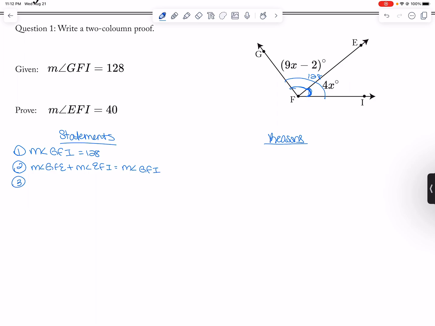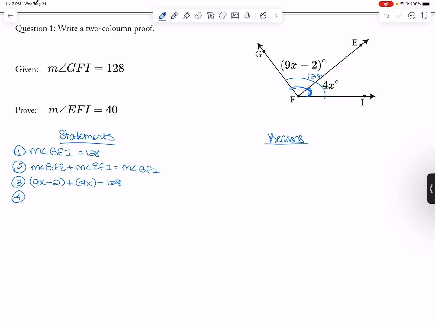But I will write out why later. And then what I know is that by substitution, 9x minus 2 plus 4x is equal to 128.